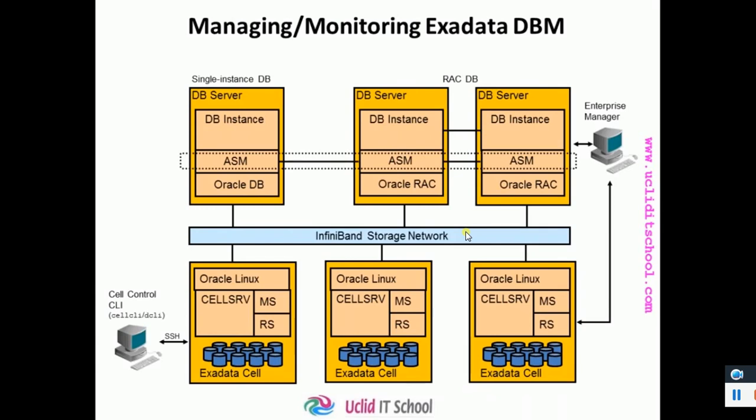Apart from Enterprise Manager, each Exadata storage server has a command line interface to manage and monitor the storage servers. This is called CellCLI. CellCLI is the command line utility used to manage individual storage servers. You have one more utility called dcli, the distributed command line utility, which is used for managing multiple storage servers centrally.